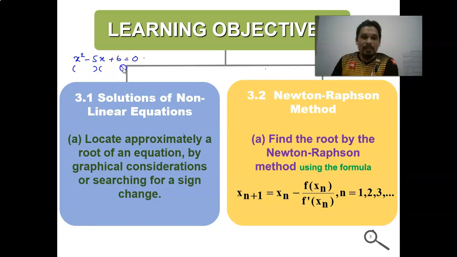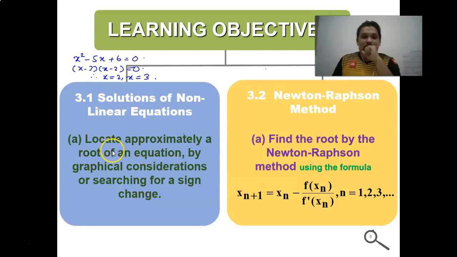Then we factorize, which is x minus 3 and x minus 2. So we can simply get the roots of this quadratic equation, which is x equal to 2 and x equal to 3. Okay, so then 3.1 solution of nonlinear equation.